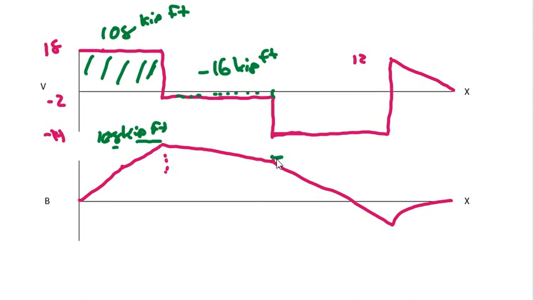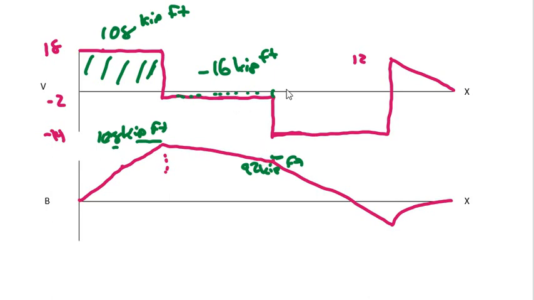So this gets to 92 kips feet. And let's think about it. It's going down by 2. So it's doing this for 8, so it's going down by 2 every 8 feet. So it changes by 16, goes down to this.